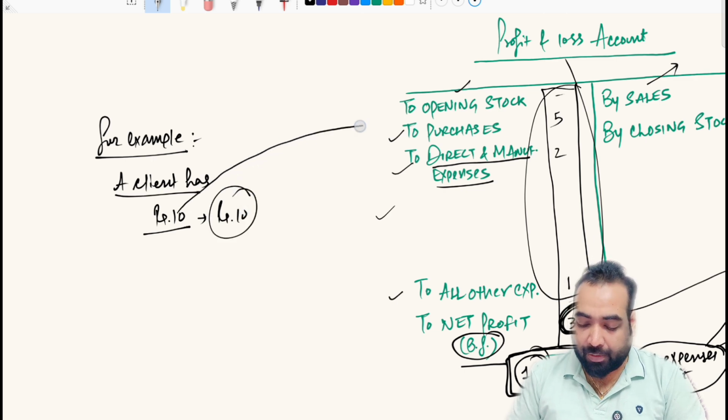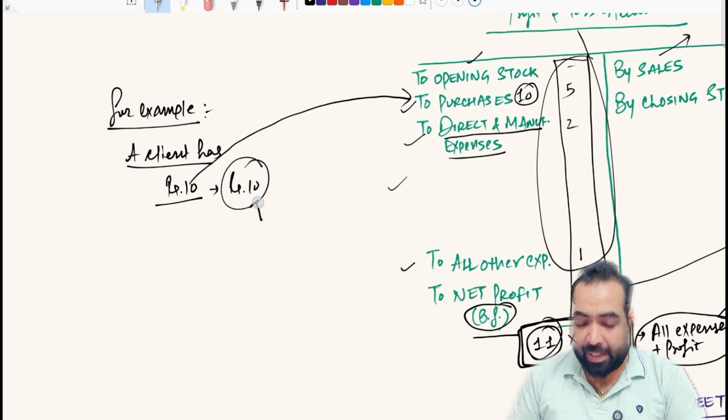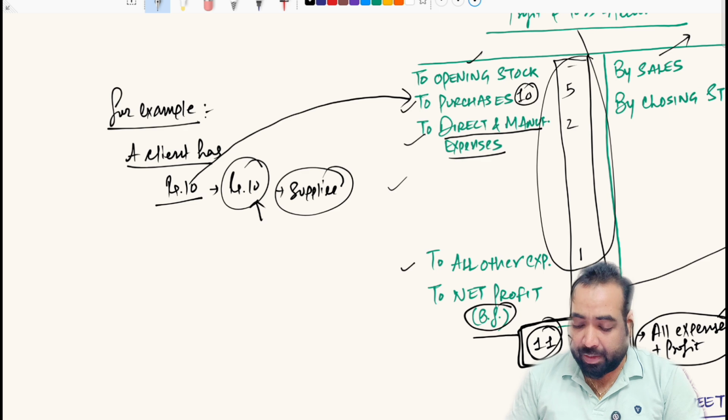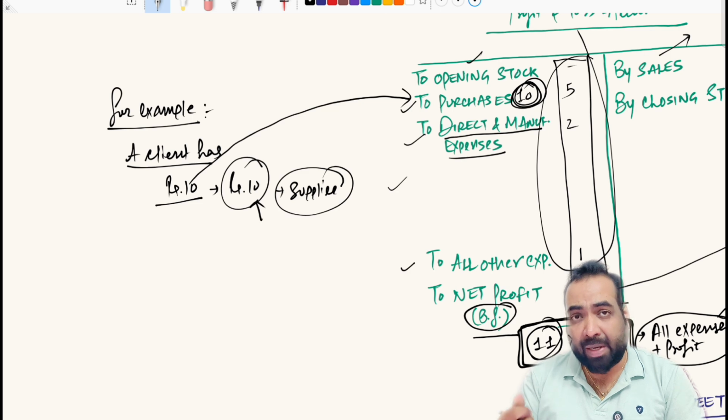So in the profit and loss account, the purchase of 10 rupees will get reflected since the material is purchased. But if the client has not paid the 10 rupees to its supplier, then these 10 rupees are still payable by our client, and are not paid in cash as of yet.